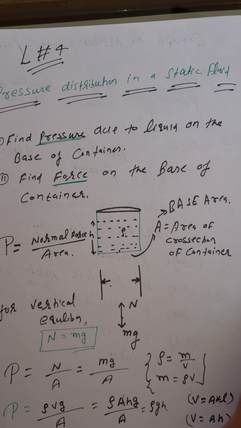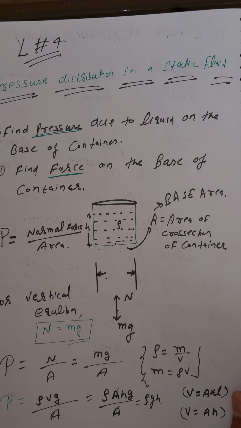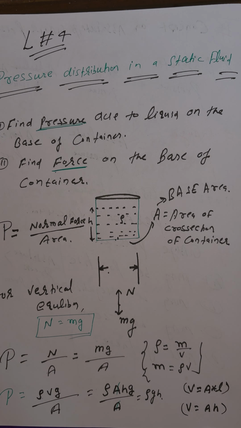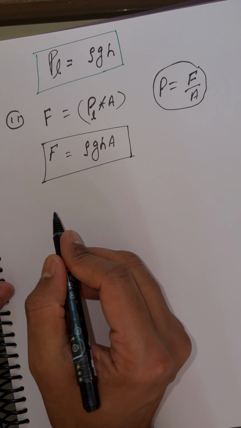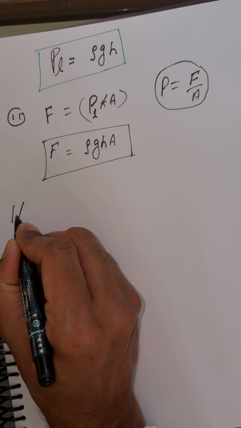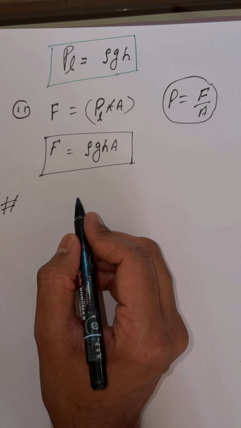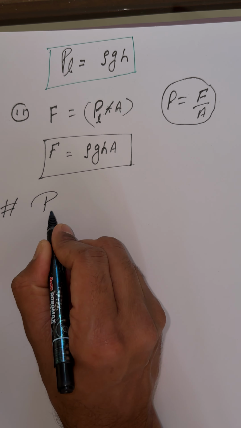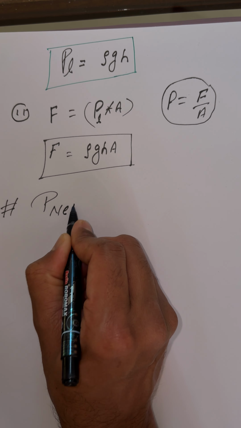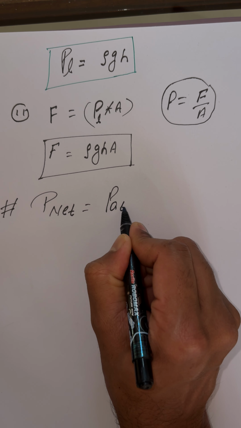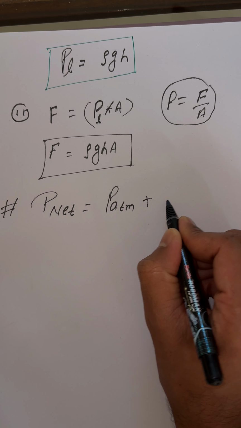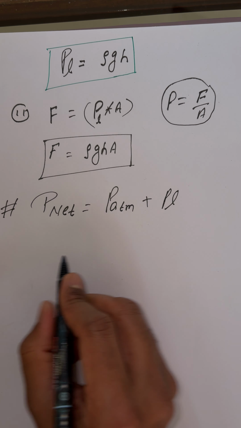Now suppose they have the freedom, they can ask what is the total pressure. You can say the total pressure, or the net pressure. So this is the atmospheric pressure plus the pressure due to liquid.